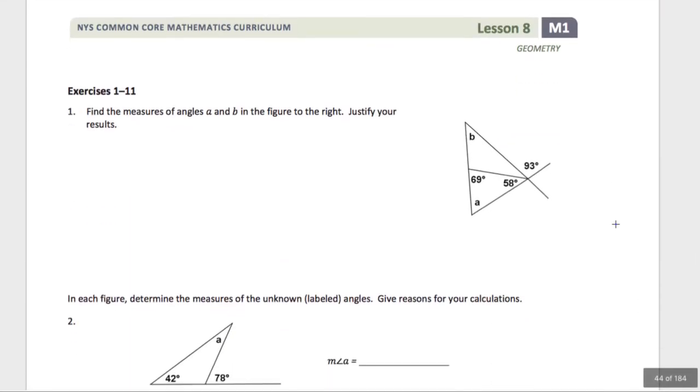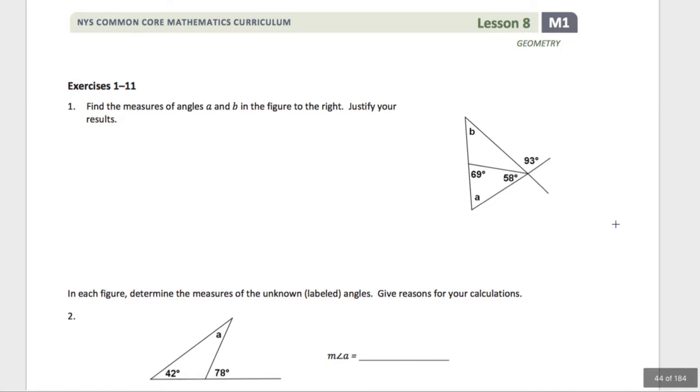Alright, we're now into the problem set. For number one, go ahead and try it out, and when you're ready, unpause the video. Alright, so you've unpaused the video. Let's work on finding this unknown angle A. I know that there are 180 degrees in the triangle, so 69 plus 58 plus A is equal to 180 degrees. 69 plus 58 is 127, so 127 plus A is equal to 180.